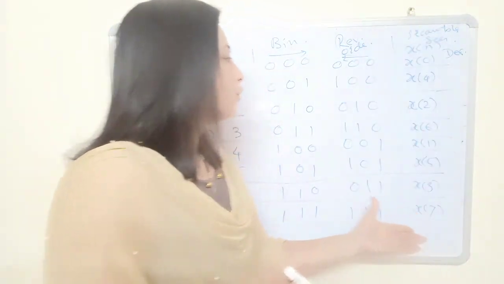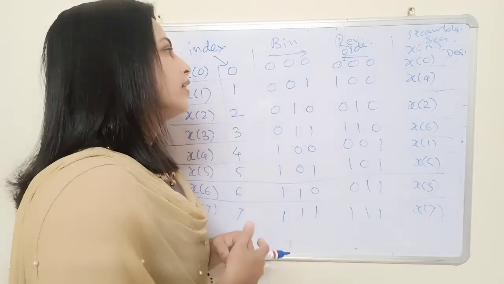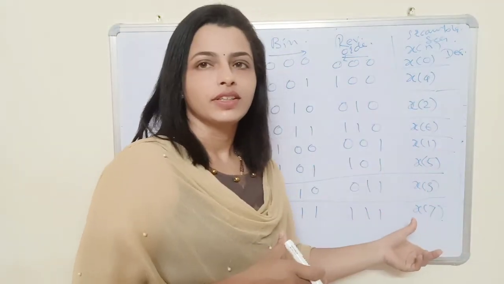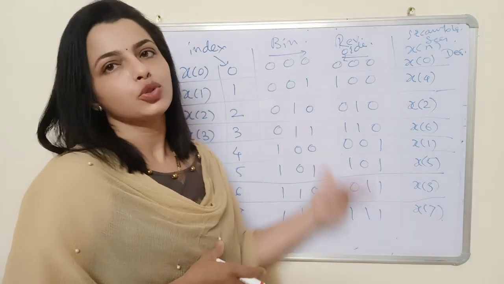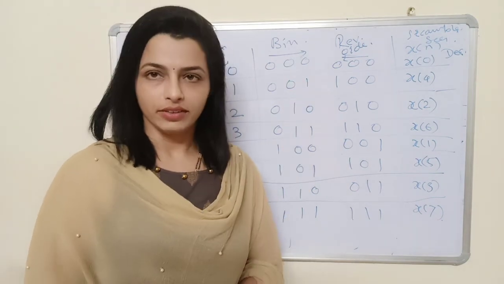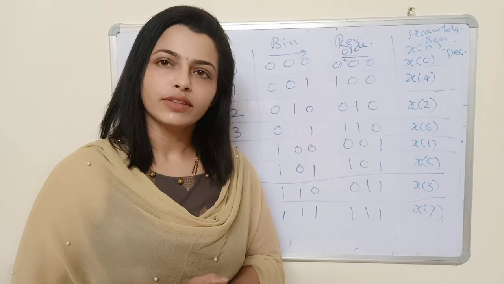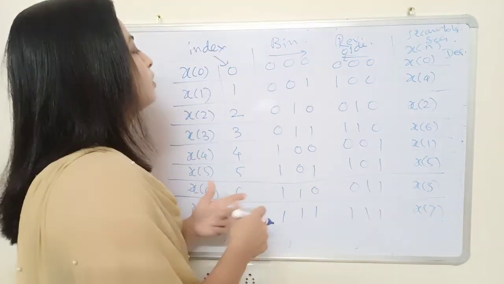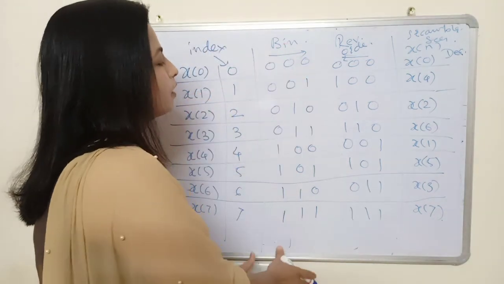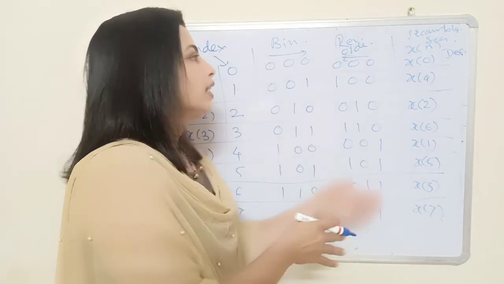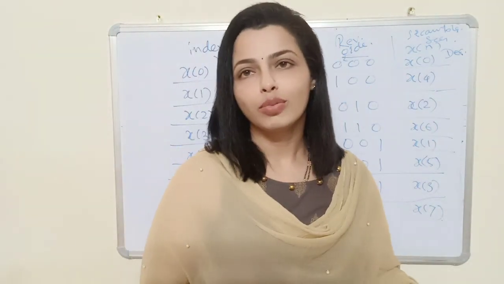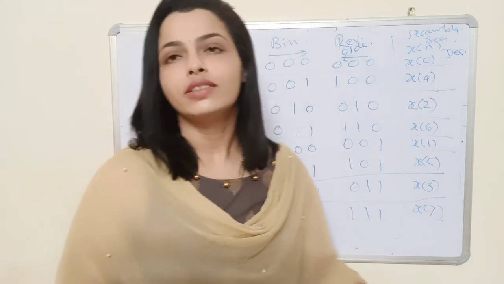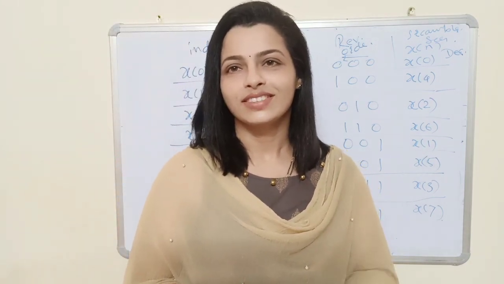This scrambled sequence you need to write at the input of FFT, no matter how many points you use. I'm showing this for 8-point FFT. If it is 16-point FFT, you write the numbers in binary from 0 to 15, then reverse the order and get the scrambled sequence. So this is the bit reversal process required to write the scrambled sequence. Thank you.